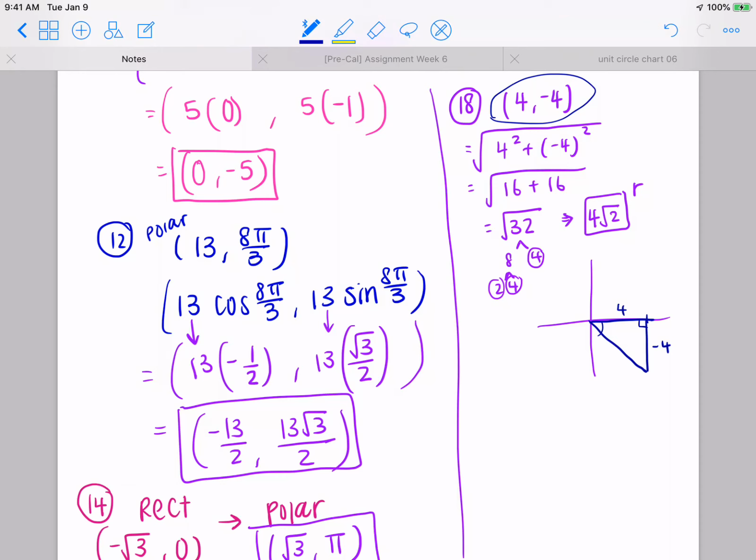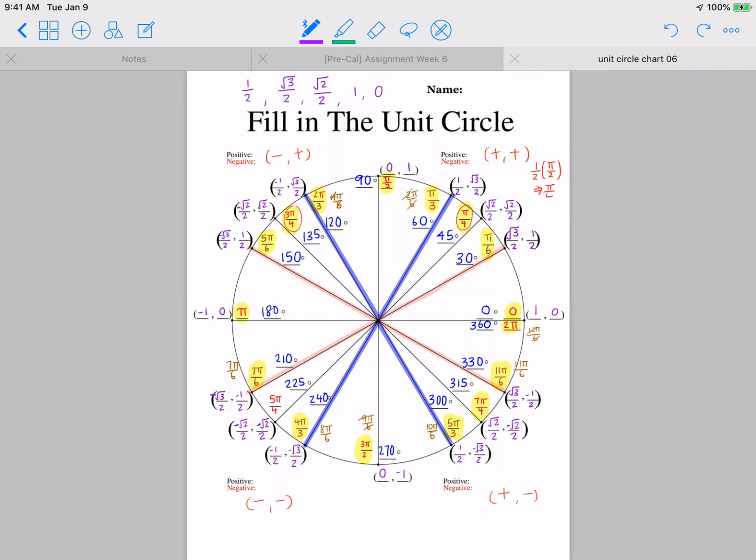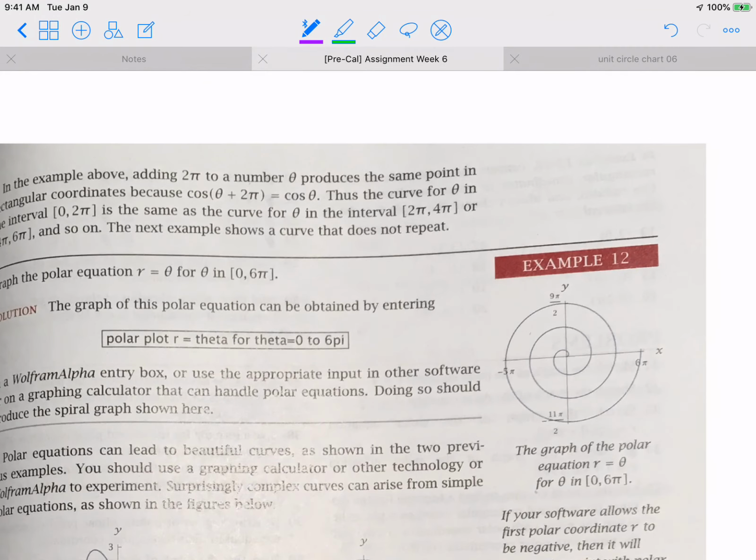We actually went down pi over 4, but negative. Some of you guys may say that, oh, it looks like it's 7 pi over 4 right here. Honestly, 7 pi over 4 is not wrong. You can either use that or you can use negative pi over 4.